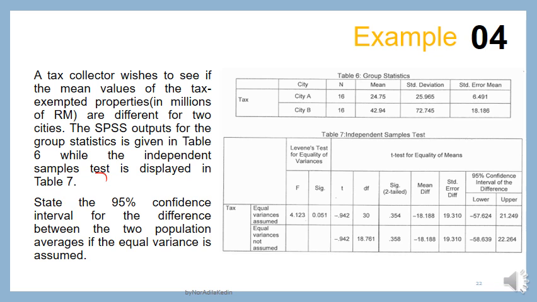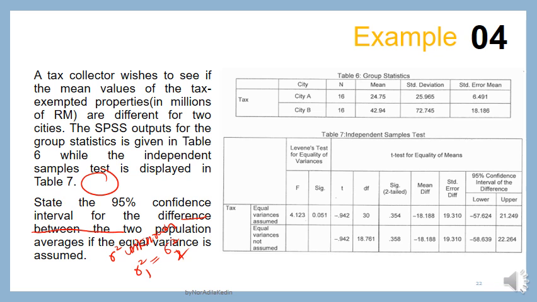State 95% confidence interval for the difference between the two population average if equal variance assumed. So the population variance and standard deviation is unknown. So kalau unknown, tengok assume equal ke not equal. In this case, they assume equal variance.